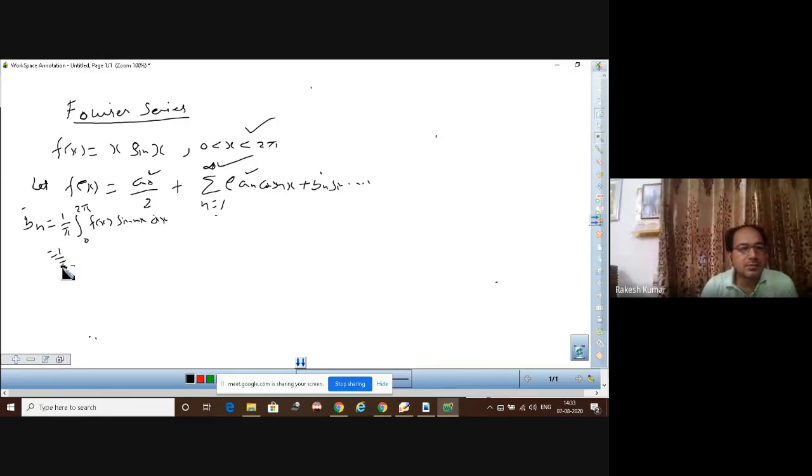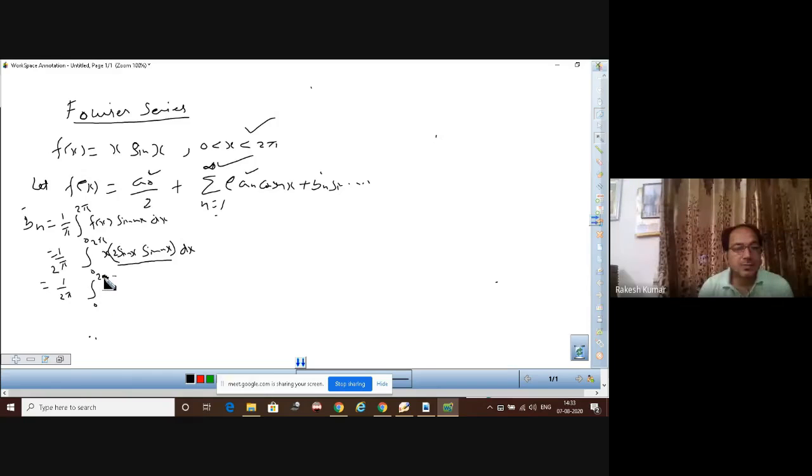Now you just need to substitute the function. The function is x sin x into sin nx dx. You can multiply it by 2 and divide by 2 just to make the formula of 2 sin a sin b, so that we can do the integration easily.